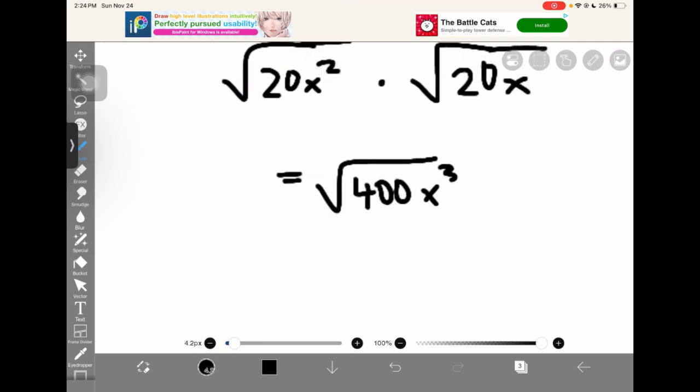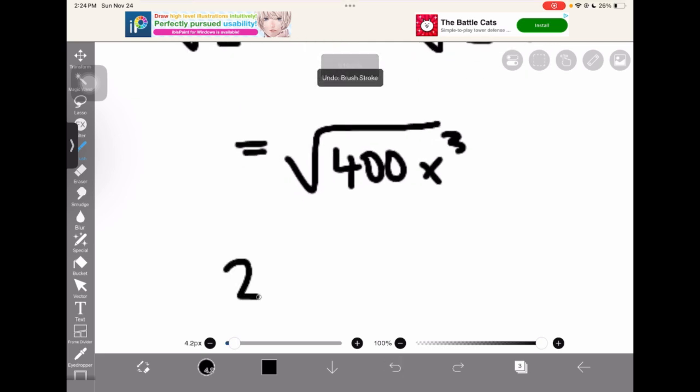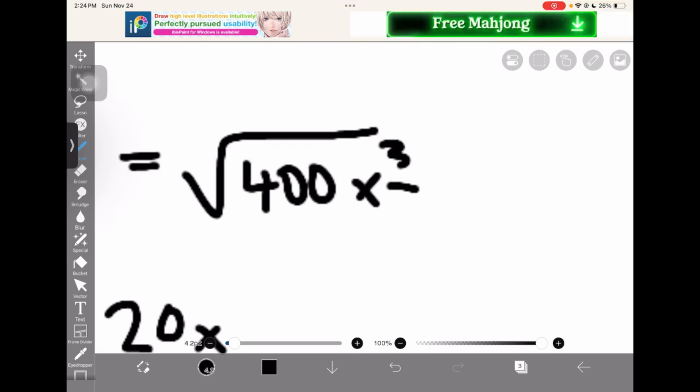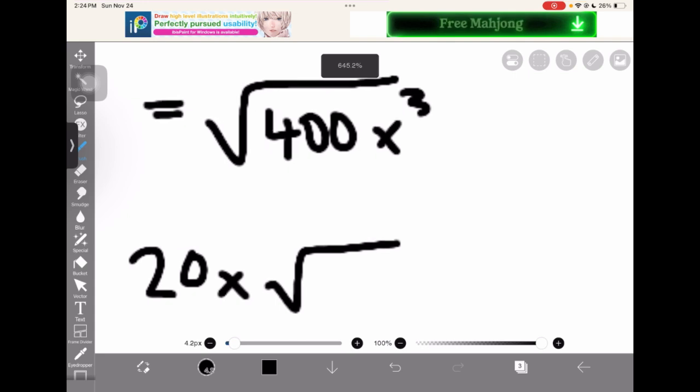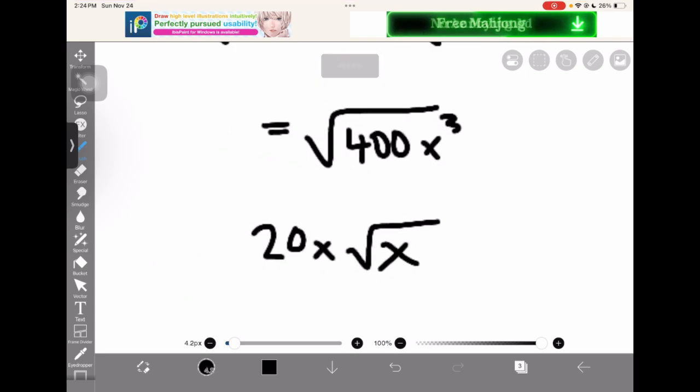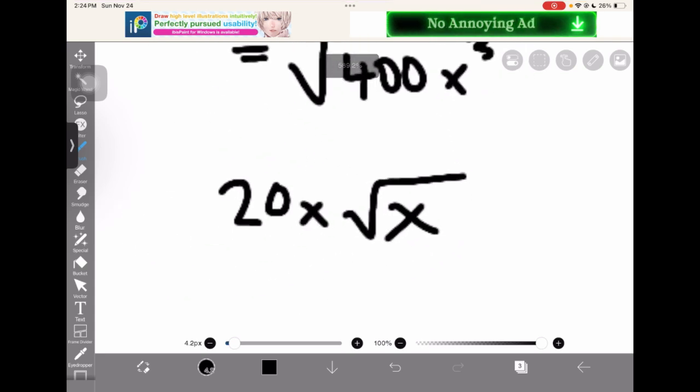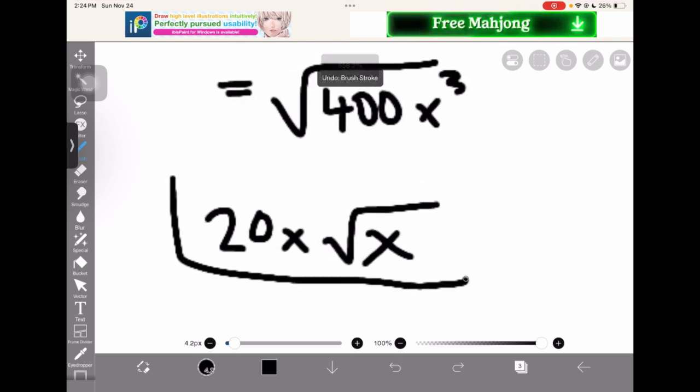I'm not going to list it, but it's obviously going to be 20 and 20. So we can actually take the 20 out along with the x, because this is more than 2. So this is 20x and then square root of x. Yeah, correct. Because if we put this x back in the square root, it becomes x squared. X squared times x is x cubed. So this is the correct answer.